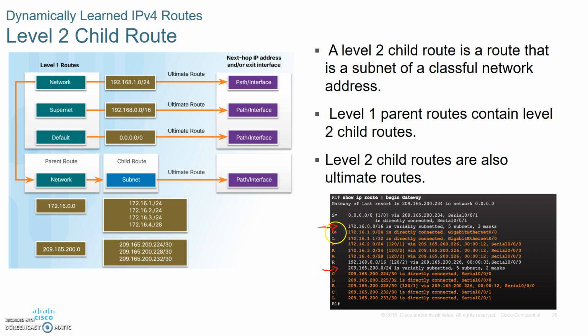Under the 172.16, these are the child routes, and under 209.165.200, these are the child routes. This child route belongs to the first parent, and this child belongs to the second parent. Also remember, all level 2 child routes are also ultimate routes. That means they definitely have an exit interface or a next hop IP.